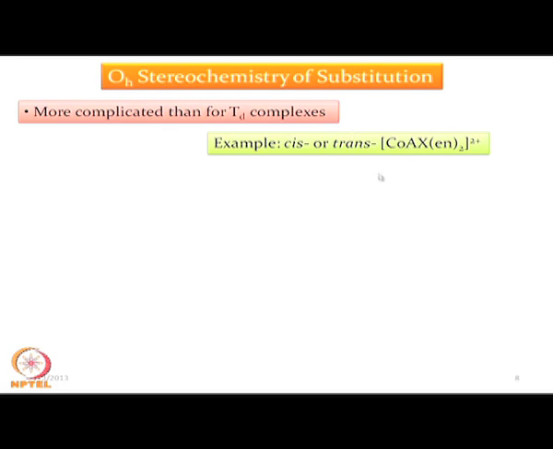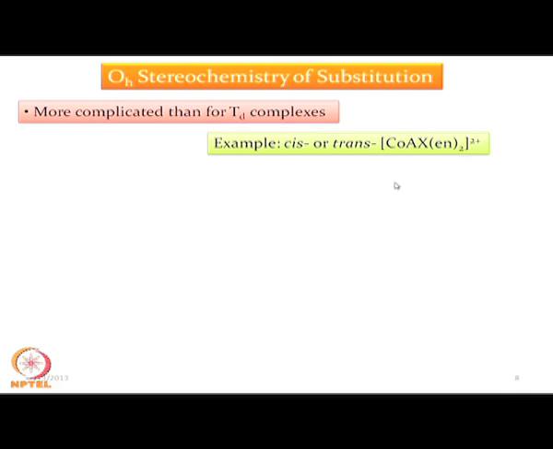So, the stereochemistry of the reaction can play an important role, as we can have the cis molecule and the trans molecule. For example, cobalt en twice, 2 plus, that means the cobalt is the trivalent cobalt center, and this can be some neutral ligand and this can be our chloride group, or in some cases CoCl2(en)2 can also be checked with a neutral system, that means we do not have a charge on it.